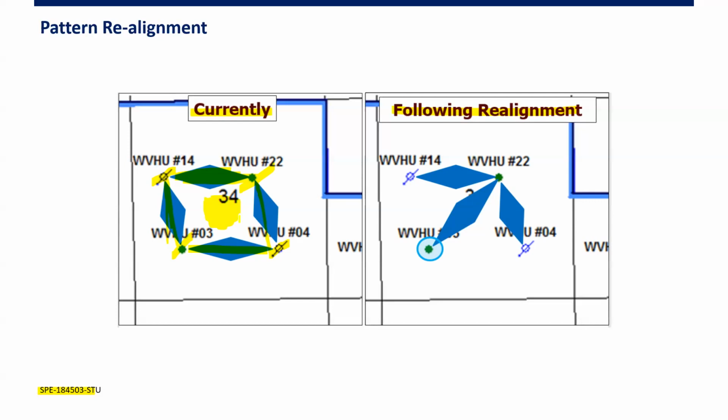And then what we have on the right figure here, as you can see, now, for example, we convert this producer 22. You can see here, we will convert this one with the expectation that the water from this well that has been converted to injector can sweep oil in the middle and then sweep it to this producer 3.